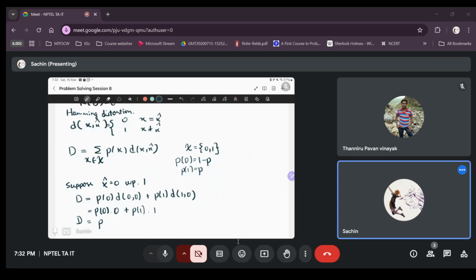So for this code, where the reconstruction is just x hat equal to 0 always, the rate is 0 because I don't need to use any code word. I don't need to do any coding.